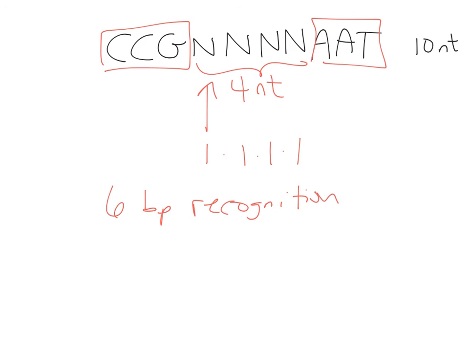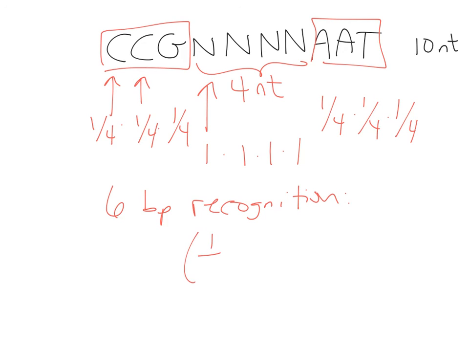So the question was, if you know that the probability of getting each of those nucleotides is 1 in 4, and if you know you have to multiply all of those together, can you just jump straight to saying it's 1/4 to the 6th power, 1/4 times itself 6 times is the frequency? That works for me. For a simple mathematical question like that, if you get the right answer, you got the right answer.